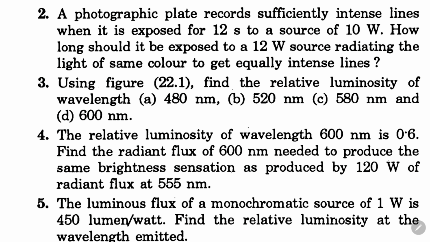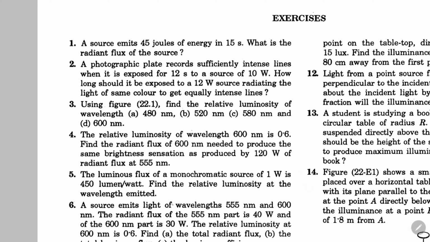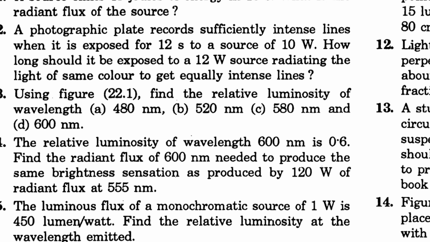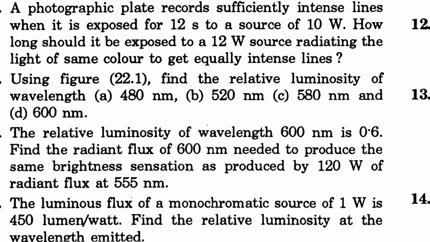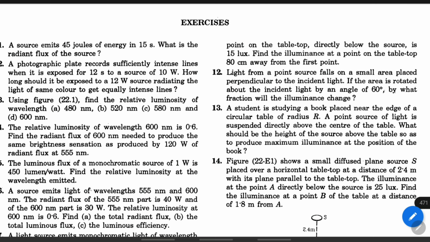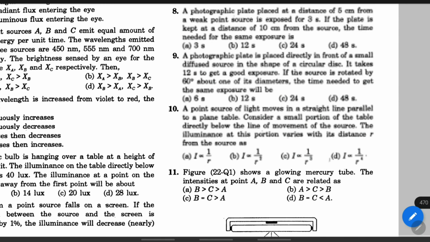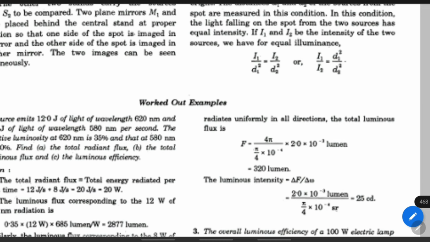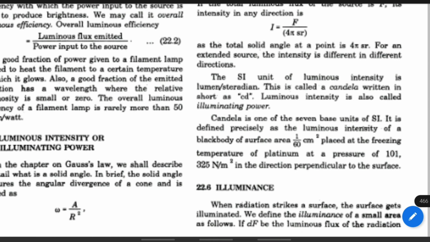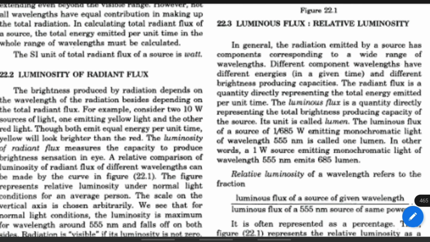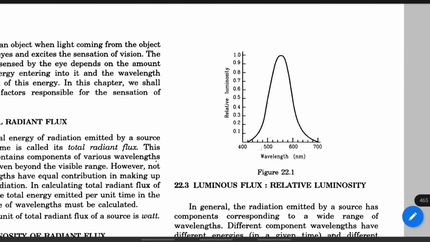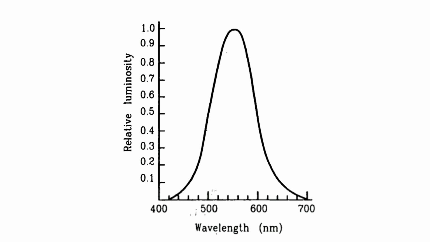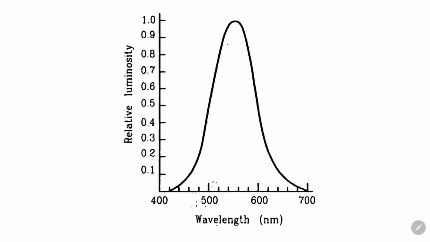In the third one, we have a figure. We need to find the relative luminosity of different wavelengths. So the graph is this one. From here you can see the wavelength, and you can easily see the value of relative luminosity.